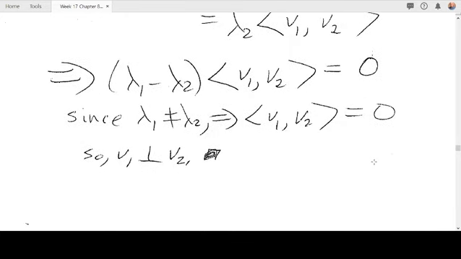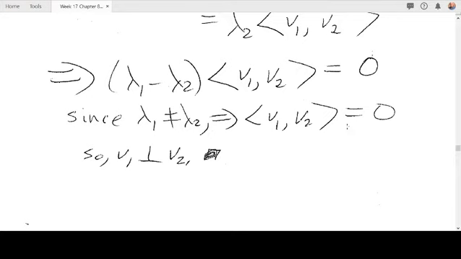We see then that since lambda 1 and lambda 2 are not the same, it must be the case that the inner product of V1 and V2 is 0. Hence, the eigenvectors must be perpendicular or orthogonal.